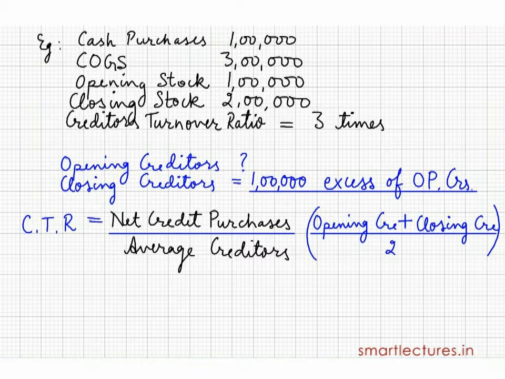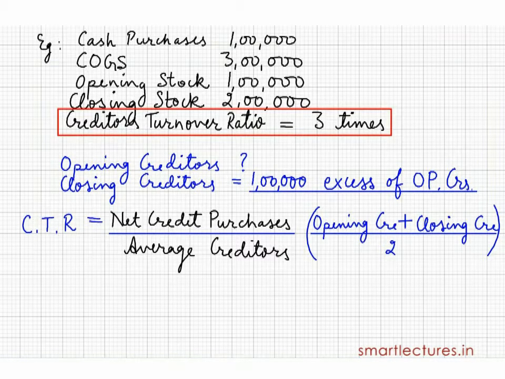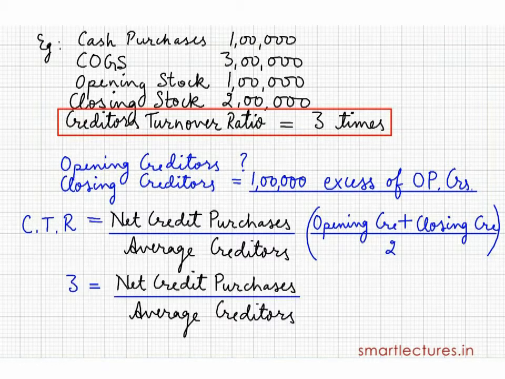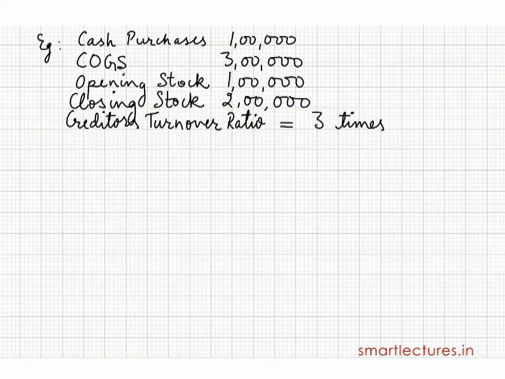And creditors turnover ratio is 3 times as per our question. And it means 3 is equal to net credit purchases upon average creditors. As per given information, I think we can reach credit purchases.